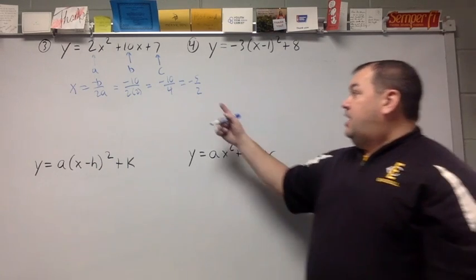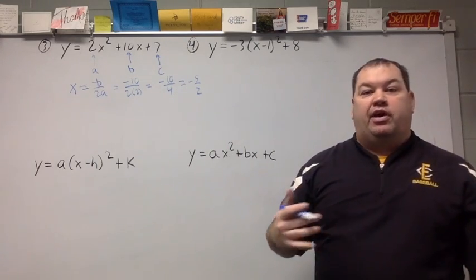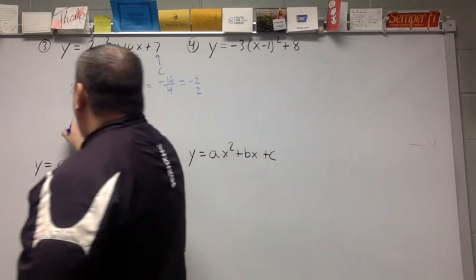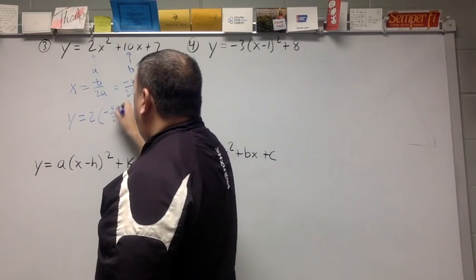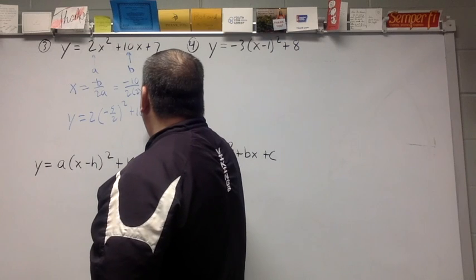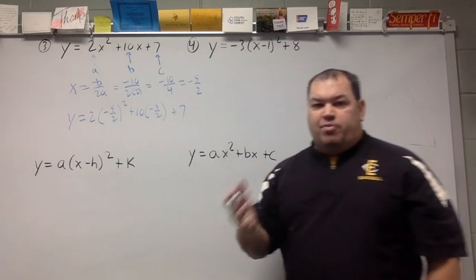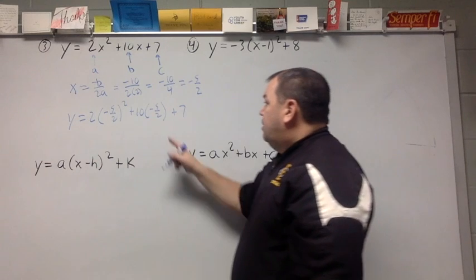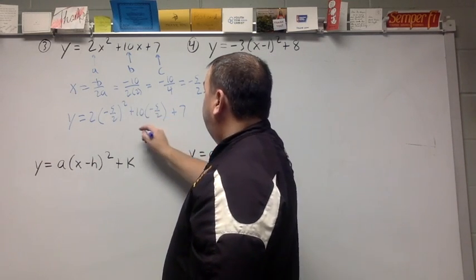Now I'm going to take that negative 5 halves and plug that in for x to figure out my y. My y is equal to 2 times negative 5 halves squared, 10 times negative 5 halves, plus 7. So I might end up with a fraction, that's okay. Here, this calculation gives me negative 25.